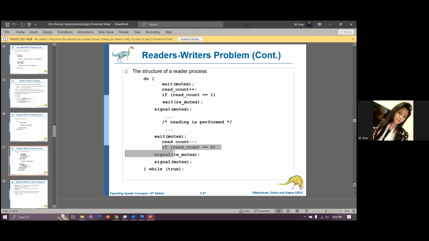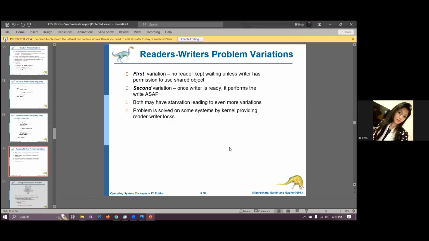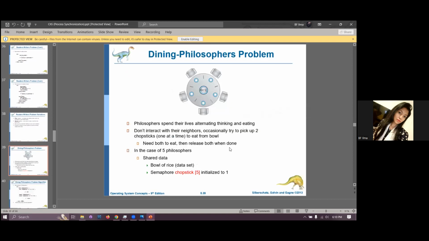Else, we move past this. We don't execute this because even if there's one reader process still reading, we cannot allow a writer to write. Then after signaling the mutex, this is completed. Yeah, that was the readers-writers problem.